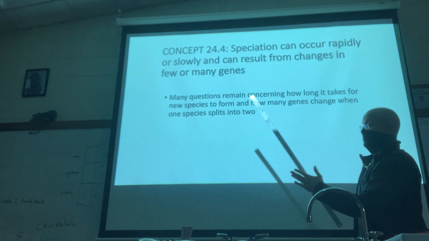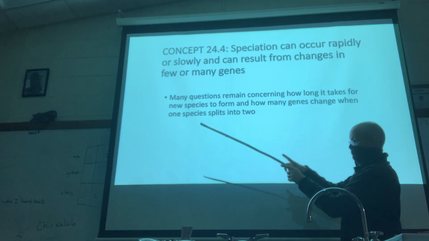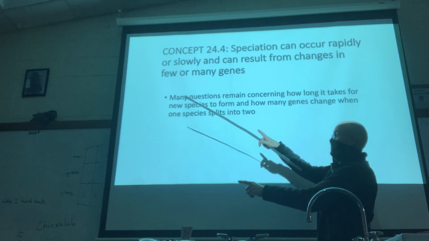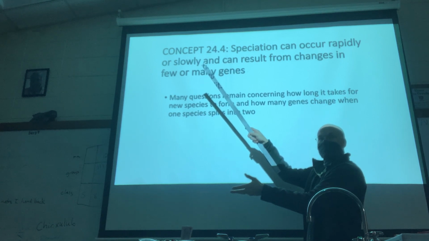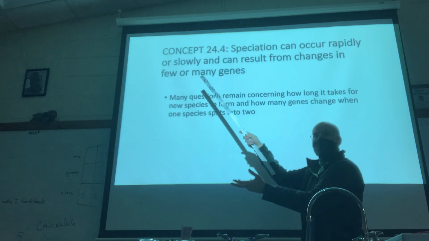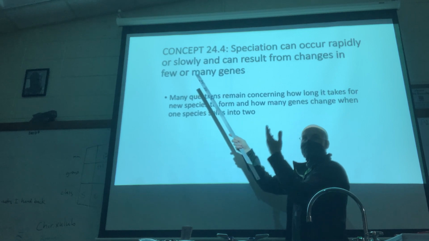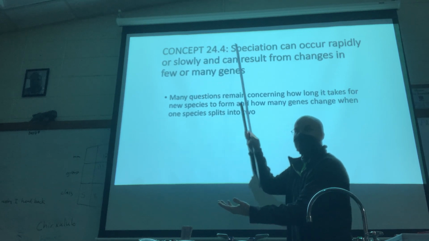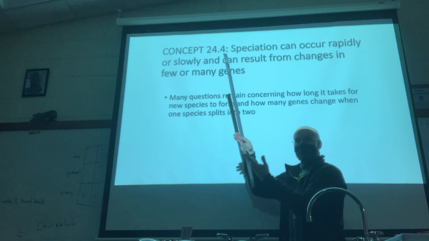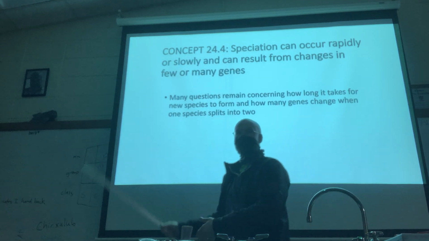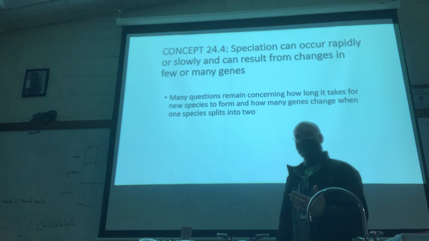So again, if two populations are becoming isolated, given enough time, one or both of those populations can become so different that they're clearly not the same type of living thing as the other, and we would call them separate species. And that's called speciation.